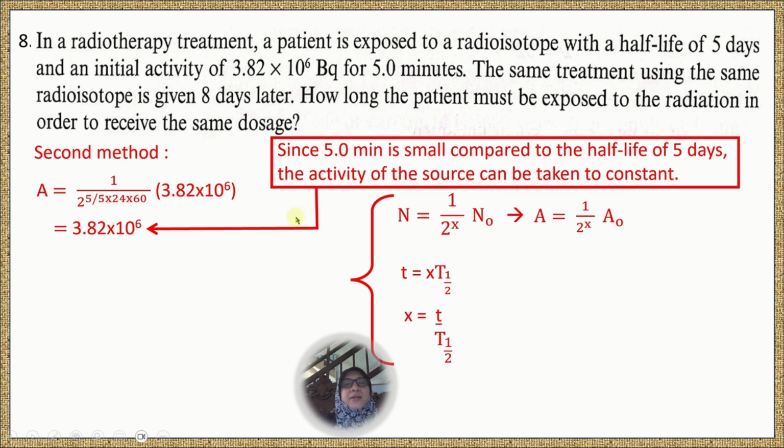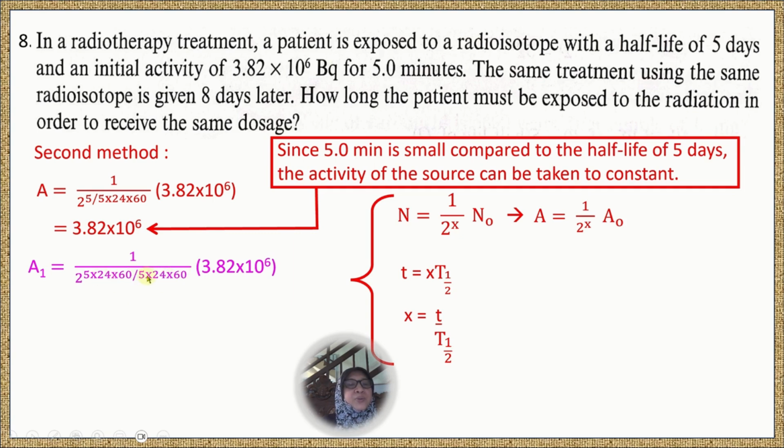Okay, now we can calculate 5 days later. So what happened? Exposed for 5 minutes. So the activity becomes, here we can substitute the time taken, 5 days later, divided by half-life. So the same half-life, 5 days later.